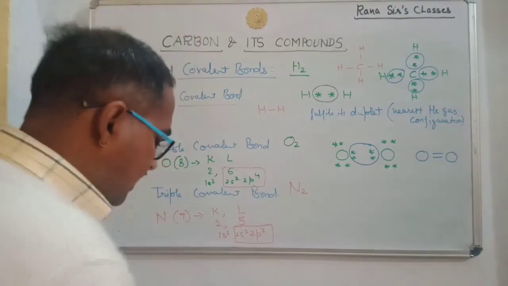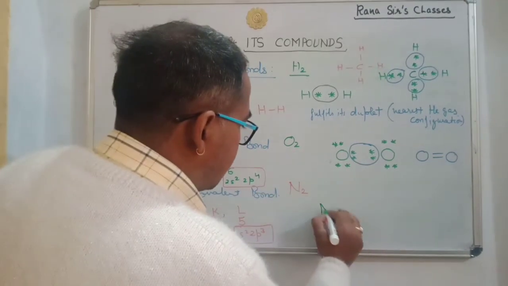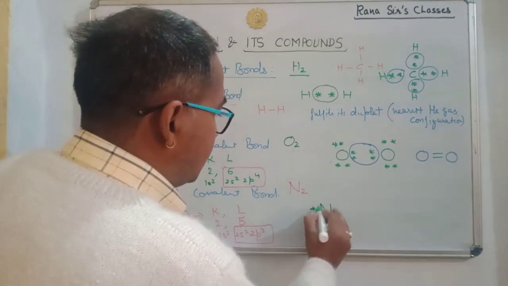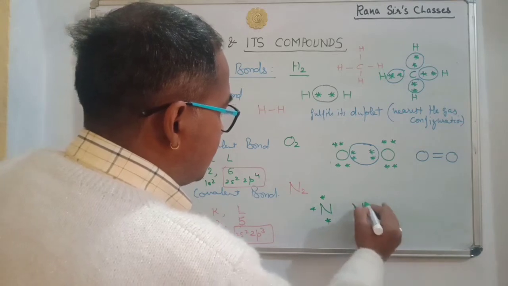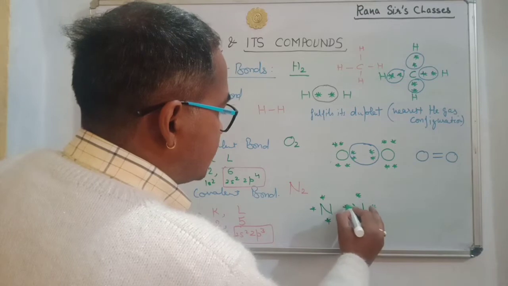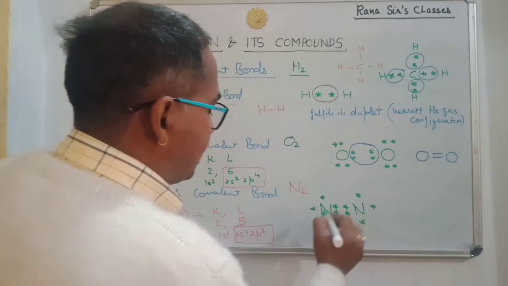So how does it happen now? In case of nitrogen, we have one nitrogen molecule, and here we have 1, 2, 3 electrons. Second nitrogen, 1, 2, 3 electrons, and 2 of its are here, 5. 2 of its left side are here, 5.